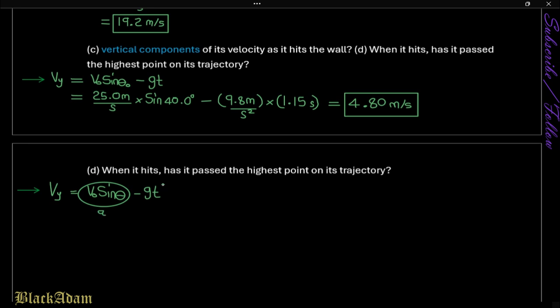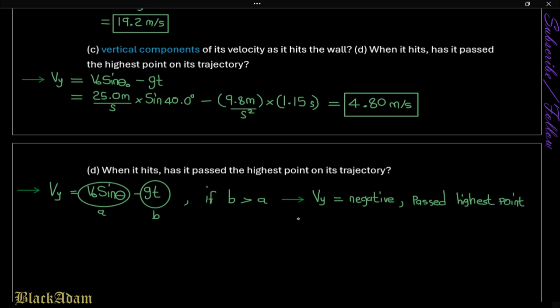Let's call the first part A and the second part B. If B is greater than A, our vertical speed is going to be negative. Because it's negative, it means it has passed the highest point, because at the highest point the velocity is 0. If you haven't reached the highest point, it's positive.